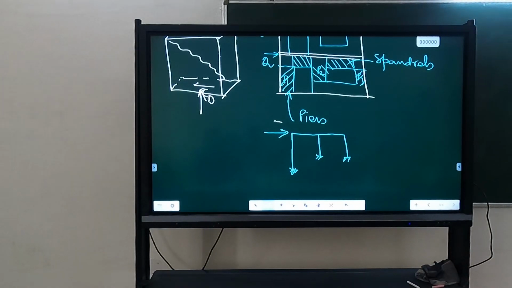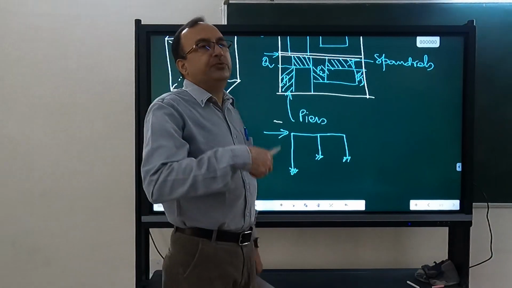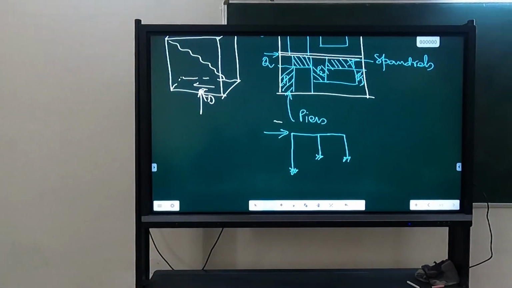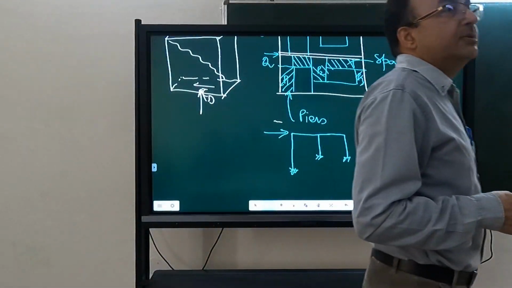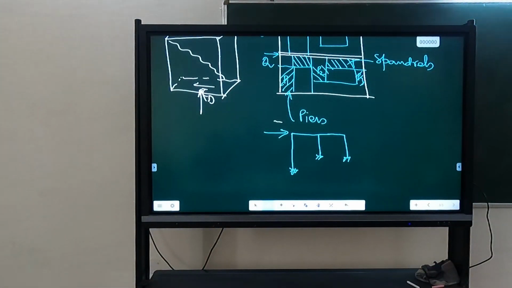The other type of modeling is the pier model, which is what we are doing here. In the pier model we are assuming that spandrels are rigid, so we are not considering the deformation of spandrels. In the equivalent frame, the spandrels will also deform and bend. That you may learn in your masonry course. I don't know how much he is covering, but if some of you are interested in the equivalent frame model, you can do a dissertation on modeling of masonry walls using equivalent frame.